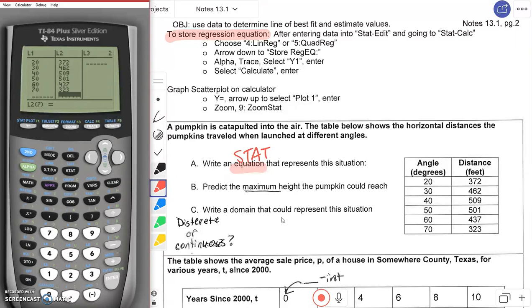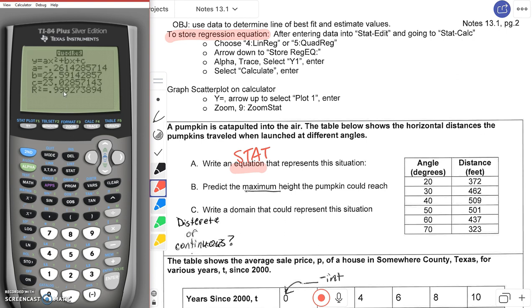Okay, so I go to stat calc, but I have to decide if it's going to be linear or quadratic. Well, we can check the R squared. So if I go to 4, enter, ooh, 0.05, ew, definitely not linear. So if I go back to stat calc 5, and I check that one, there we go.